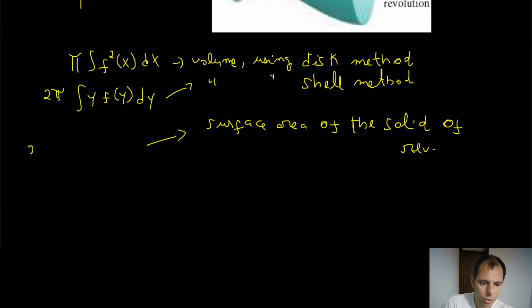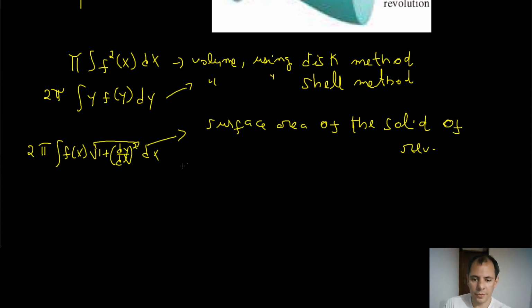So it's going to be 2 pi, if the solid of revolution is around the x-axis, 2 pi times the integral of f of x times the square root of 1 plus the first derivative squared, dy/dx squared, with respect to x.